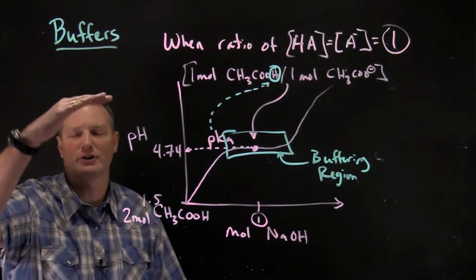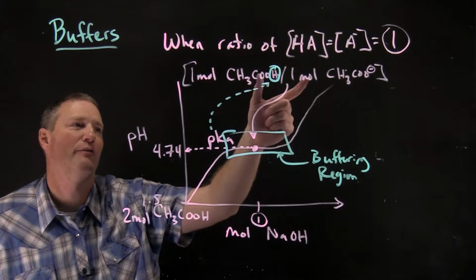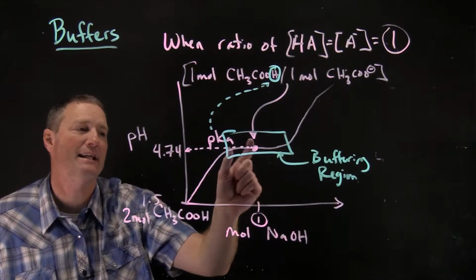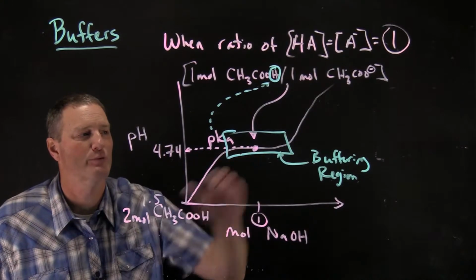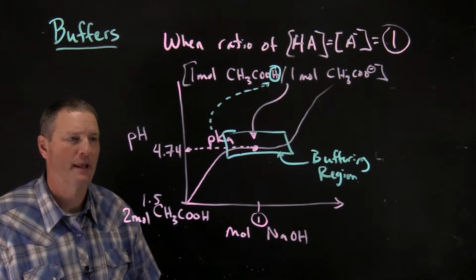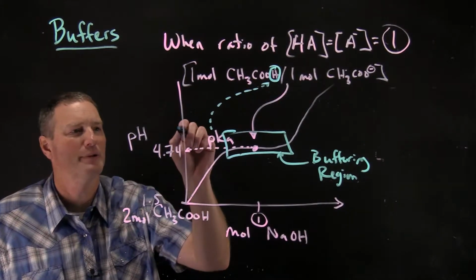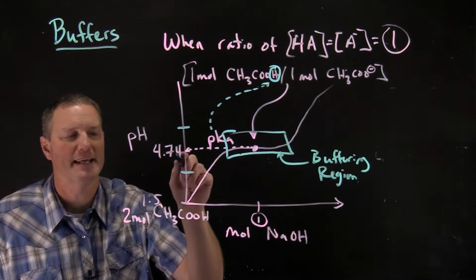So this is what's actually going on in a buffer system: because you have both the acid and the conjugate base forms, it's going to resist change in pH because of this plateaued region called the buffering region. All right. Now, in general, a buffer can be effective at about plus or minus 0.1 pH units relative to the pKa.